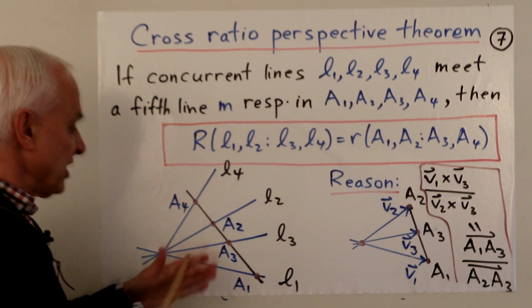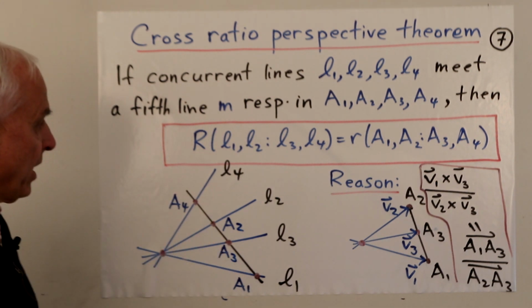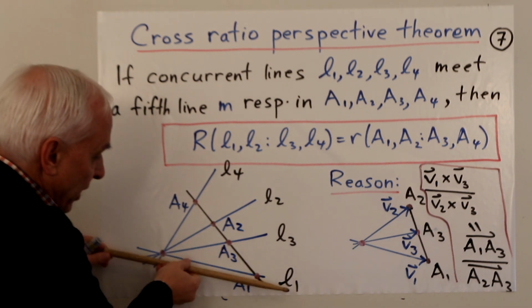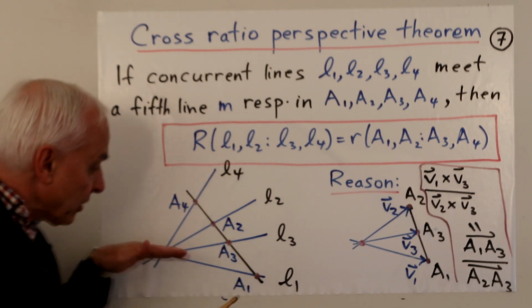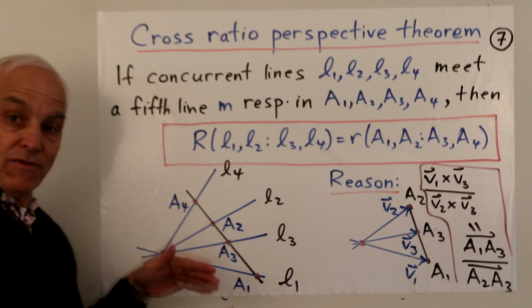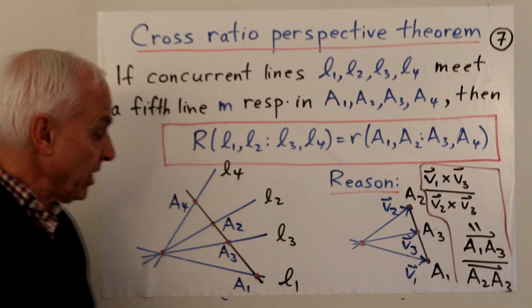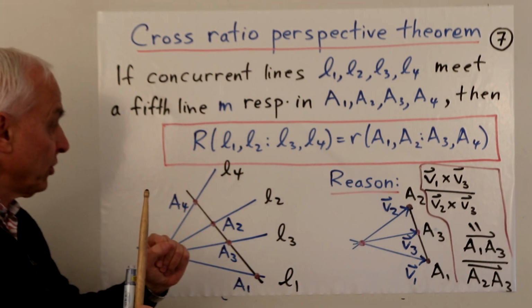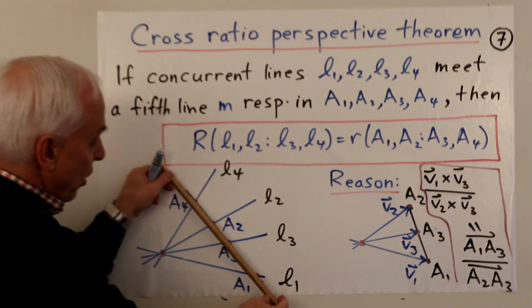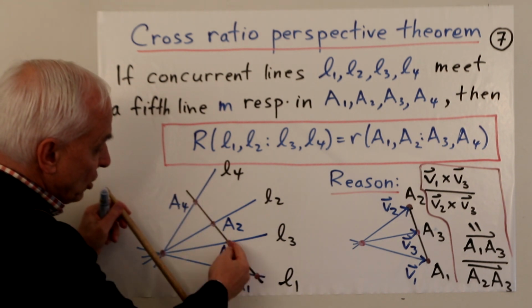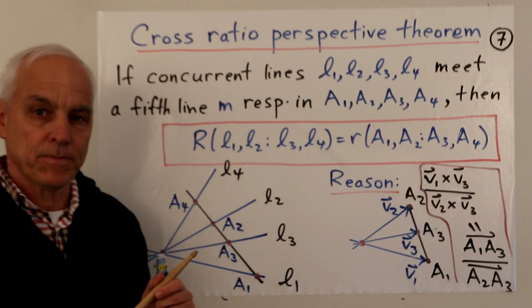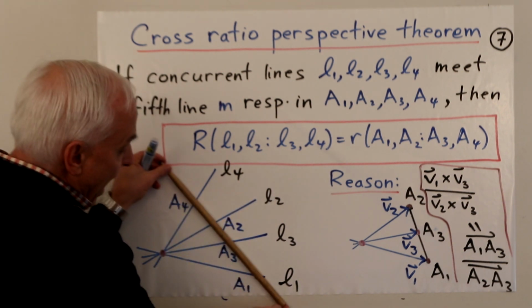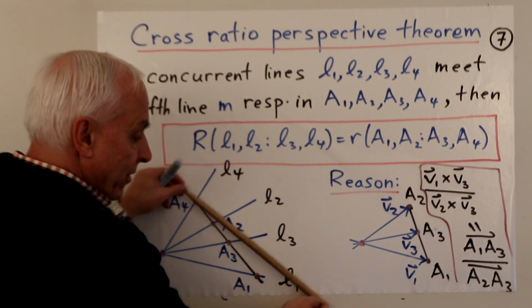Okay, so their respective meets. Then the cross ratio of these lines, which I remind you is computed by looking at direction vectors and cross products of direction vectors, is equal to the cross ratio of the 4 points, which is determined by ratios of vectors in the same direction. And beautifully, it doesn't matter which line you choose.